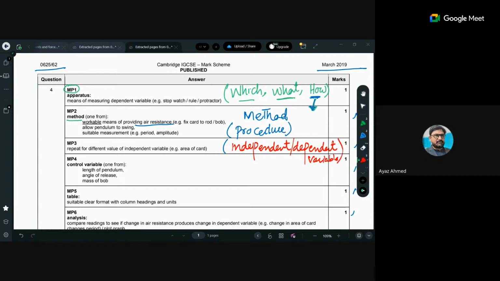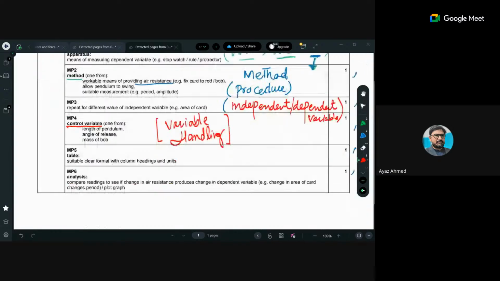And second thing, control variables. These 2 marks are awarded to you for the variables handling, right? These 2 marks are to handle the variables: how to handle them, what are the dependent variables, what are the independent variables, and how to handle them. So 1 mark will be given to you.